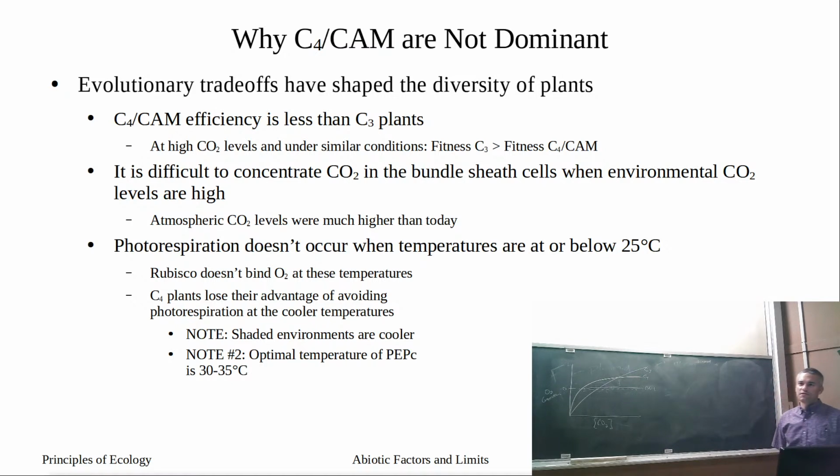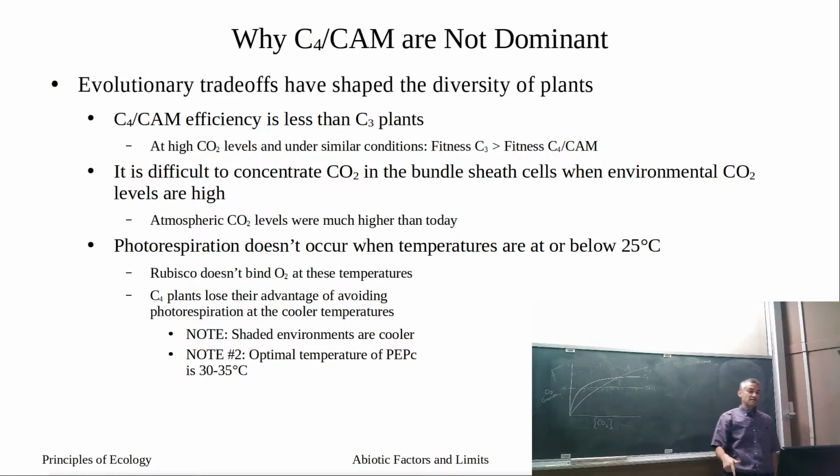Well, there are a couple of reasons why C3 plants evolved to be favored. One is the efficiency issue. Both C4 and CAM plants are less energy efficient compared to C3 when we have high concentrations of CO2.